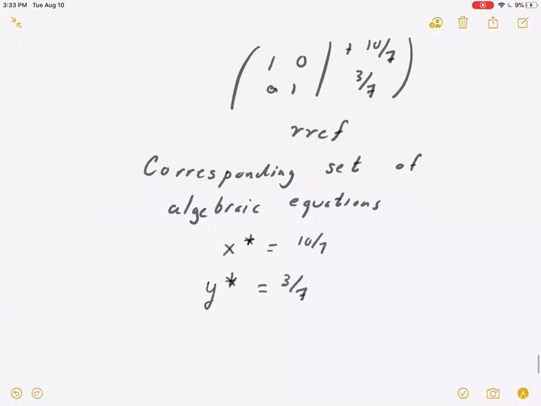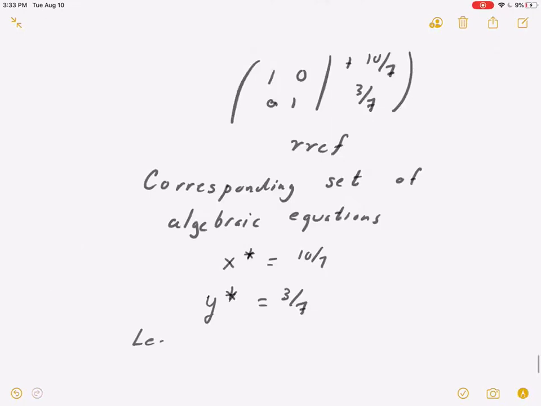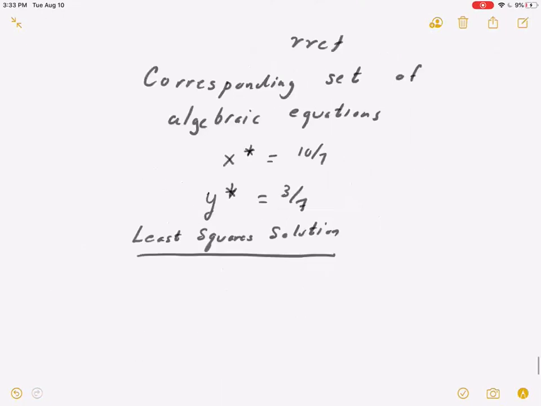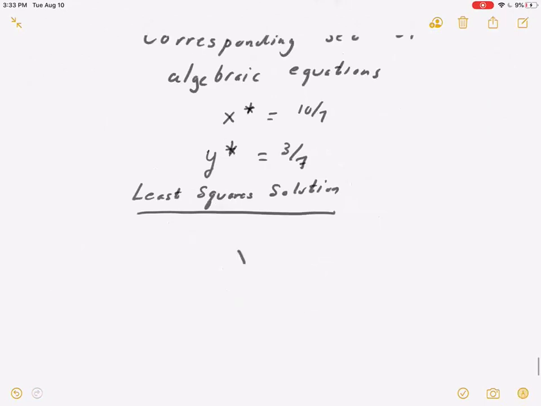So I have my least squares solution to the problem. It is the vector x asterisk that looks like this. And now I'm in a position to actually physically ask myself, what does this thing mean?